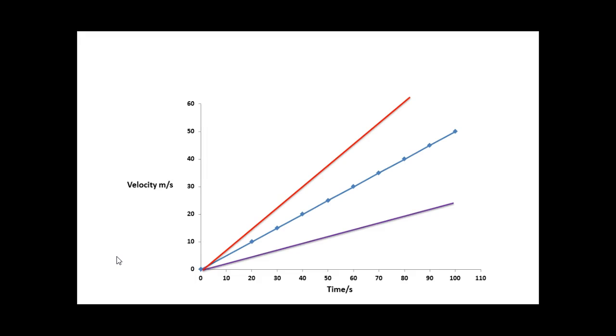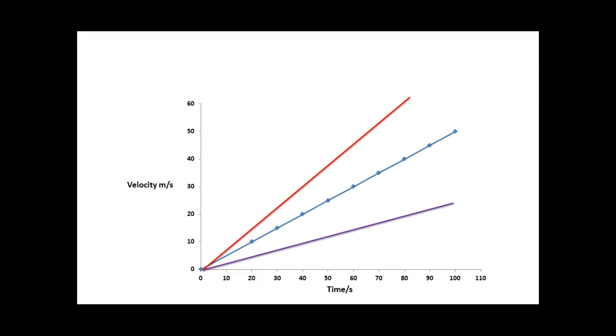And if we were to calculate the gradient of the red line, we would see that the gradient would have a bigger number than the blue, and the blue would have a bigger number than the purple line. So the gradient of the red line would be the steepest, it would have the biggest number. So that tells us that the object that has the acceleration given by the red line is accelerating the fastest. Its speed is changing the fastest over the time taken.